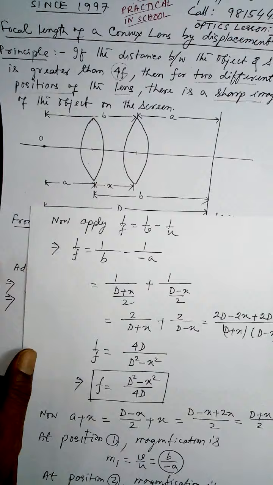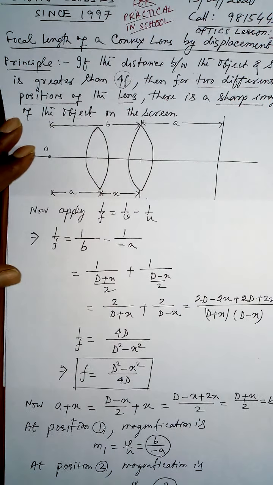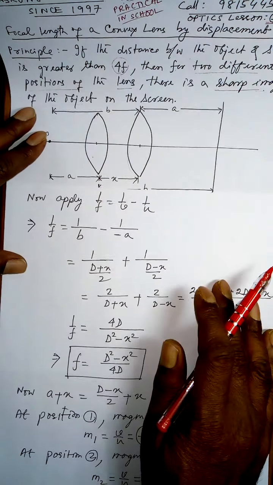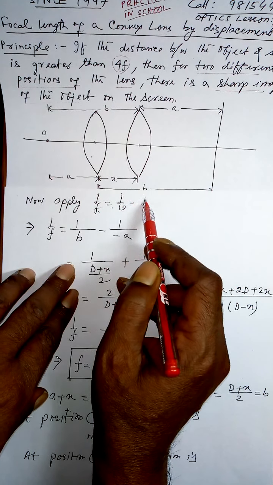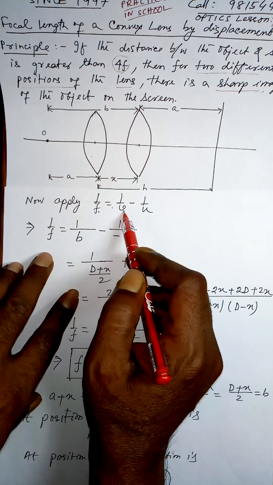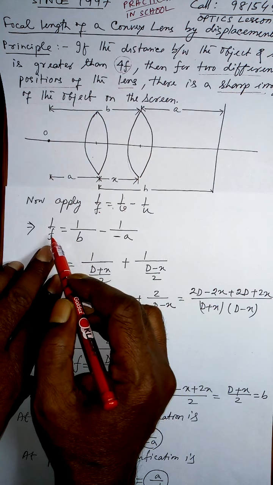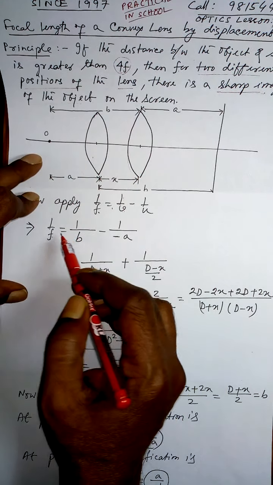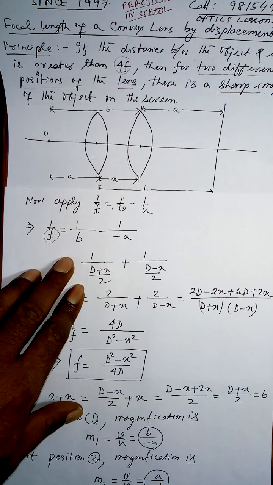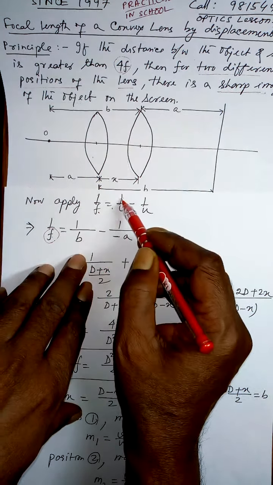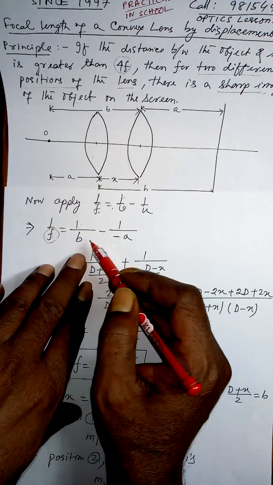Now apply the lens formula. We know for a lens, 1 over focal length is equal to 1 over image distance v minus 1 over object distance u. Focal length is what I have to find out, so I don't need to put any sign convention. So 1 over f is equal to 1 over the image distance.